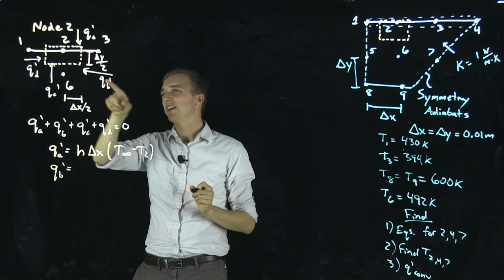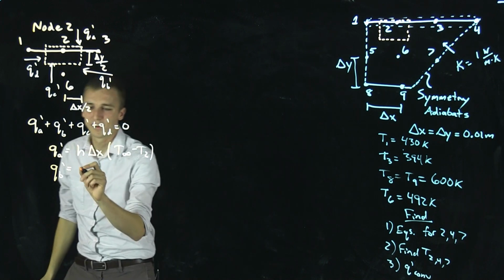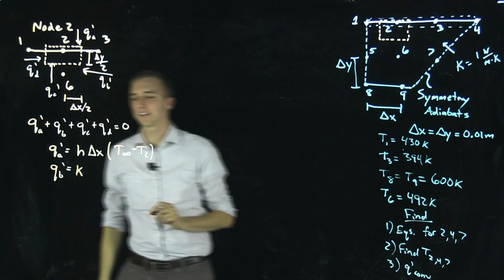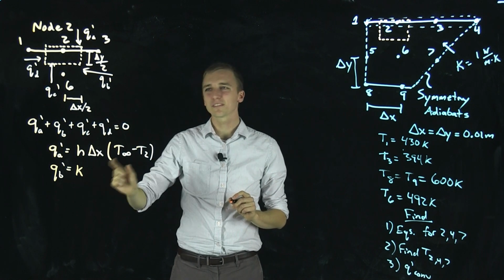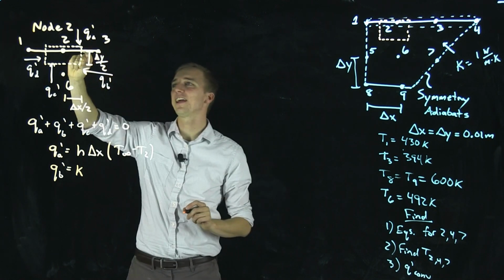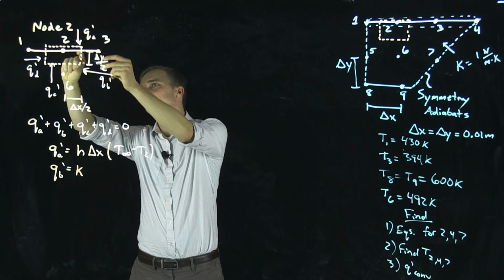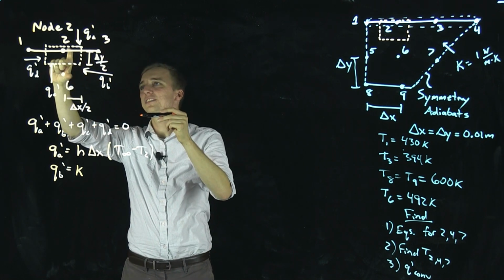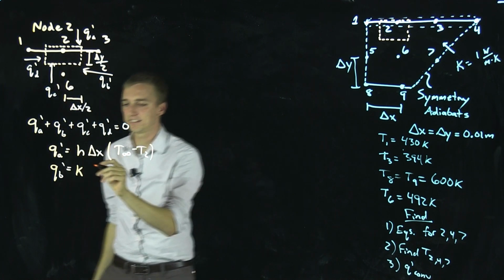Let's try QB and see what we get. QB now is this right term, it's conduction from 3 to 2. So we start with the basic Fourier's law of heat conduction, or thermal conductivity. Now we multiply by the area conduction is occurring through, which is delta y divided by 2. Delta y is the vertical distance between nodes. Our control volume is half that distance.